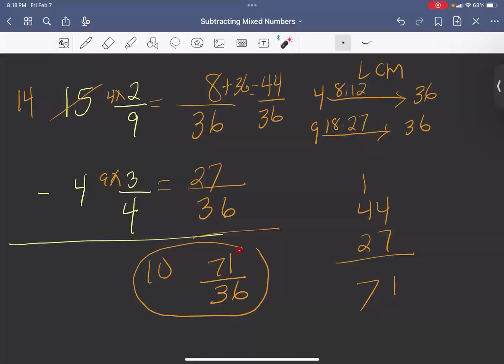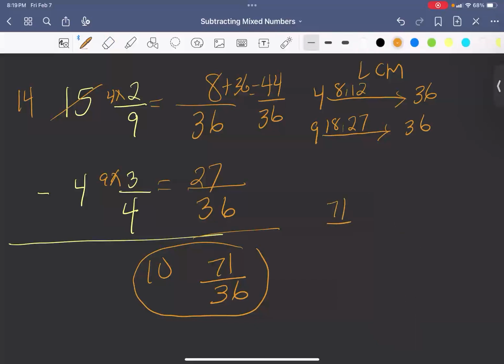However, we have here an improper fraction. So we want to break this down. So what we can do, let's break down 71 over 36.